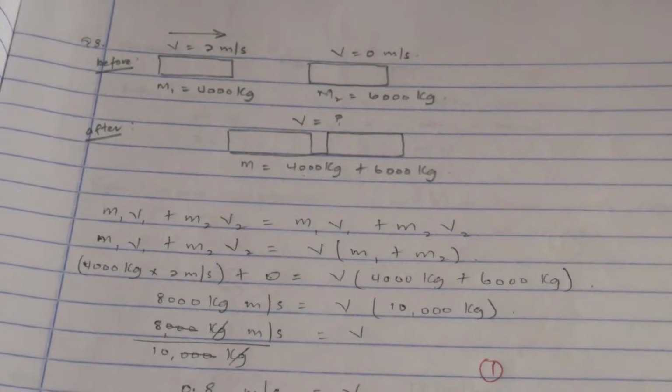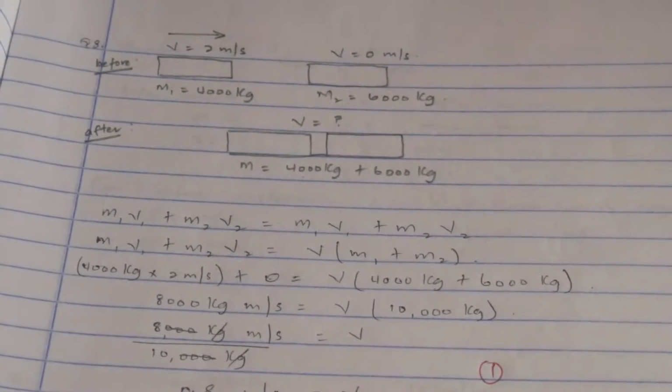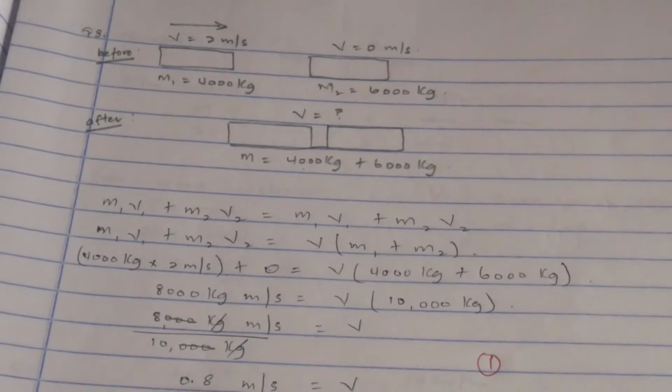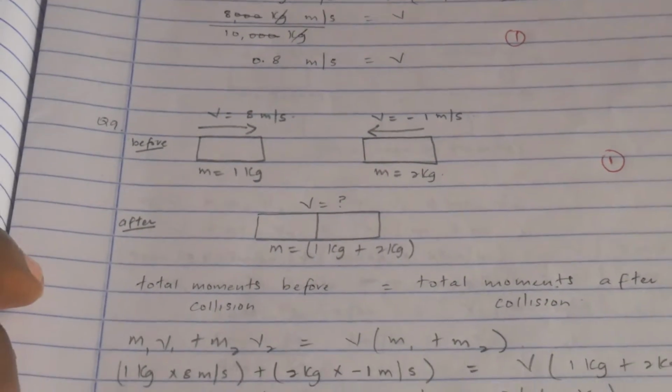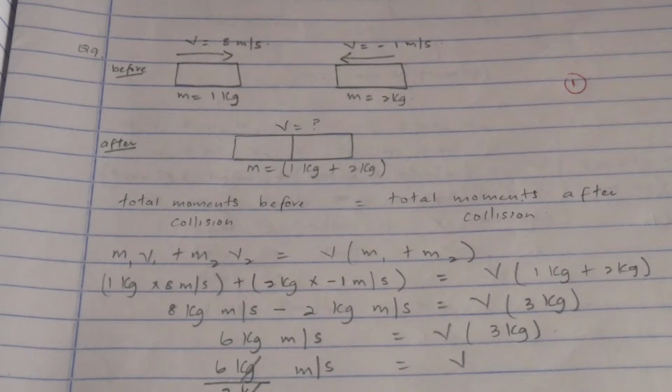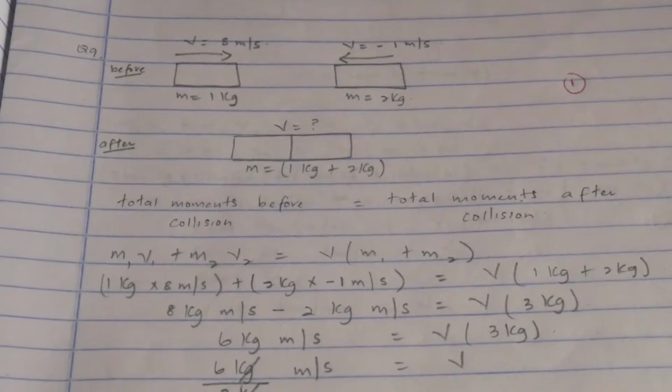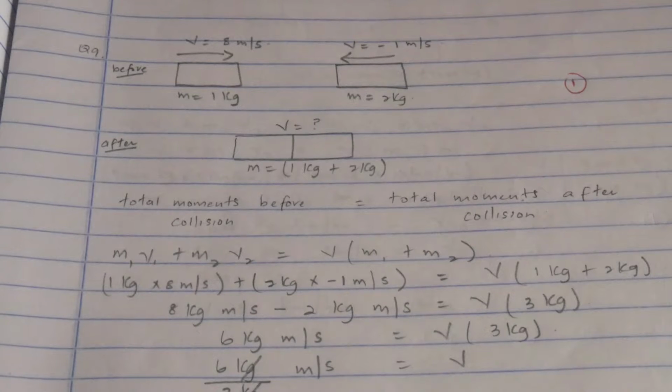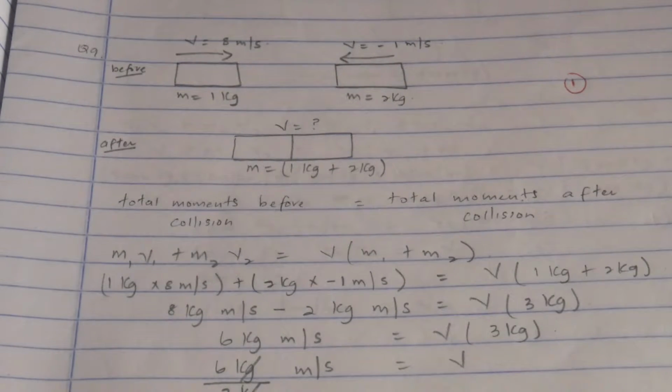Alright, number 9. 2 blocks were moving in opposite directions. Good. Now this question was answered correctly also. Remember we said velocity is a vector. So if they give you the velocity, being a vector, it will swing negative or positive, depends on the direction.